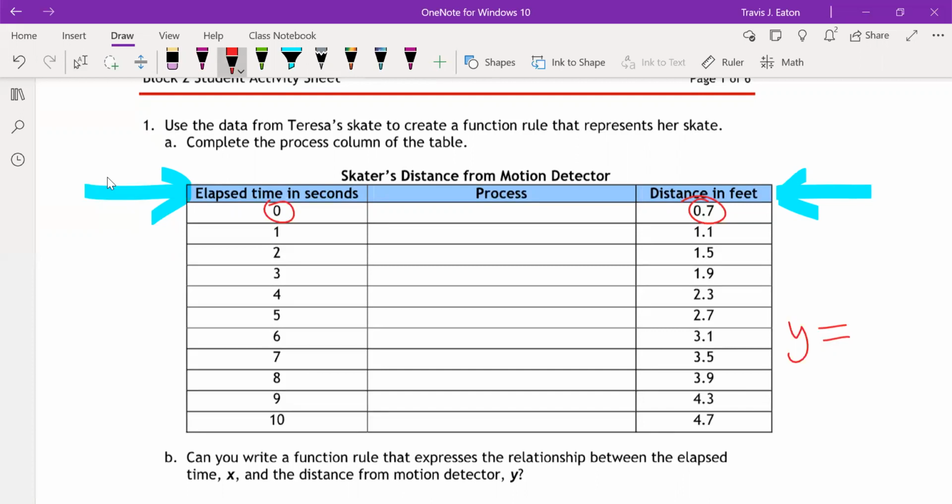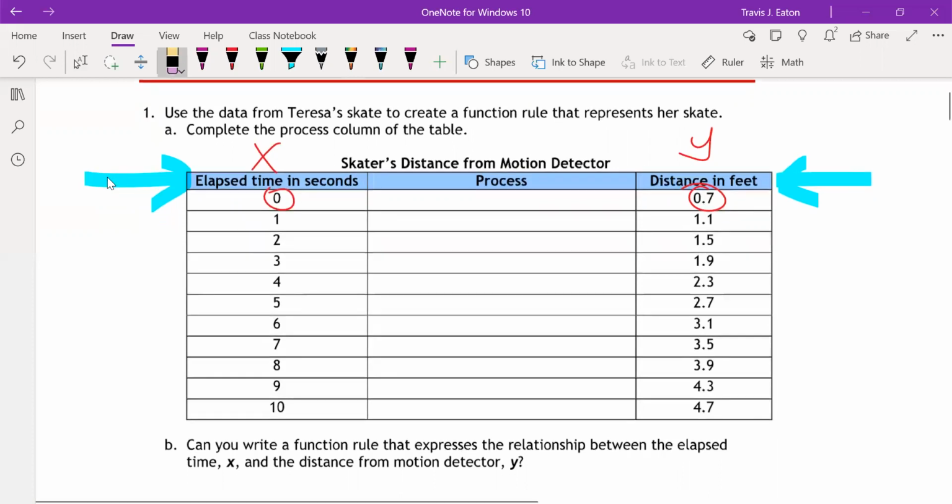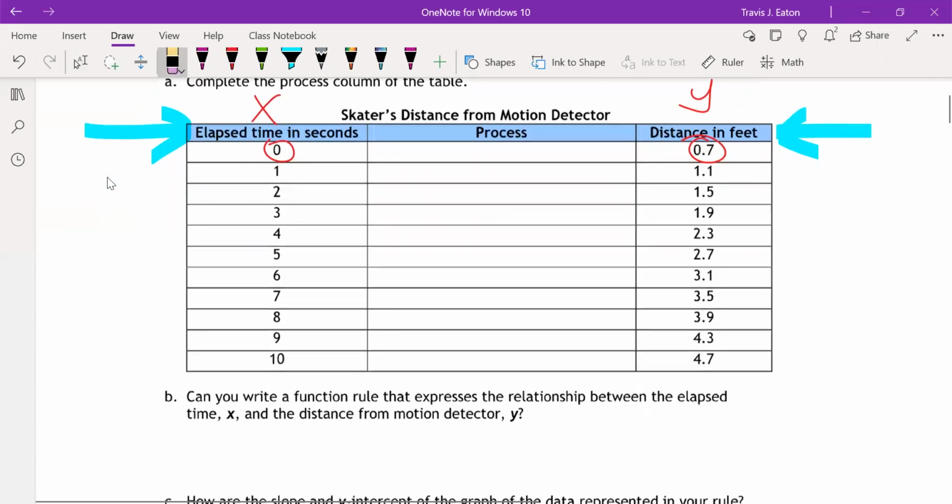This is our x column and this is our y column. Our input is the x and our output is the y. And how do we get from x to y so that we will be able to write the function rule in the next line down.